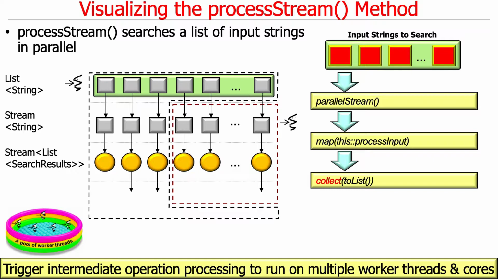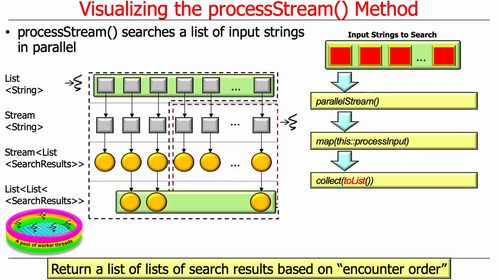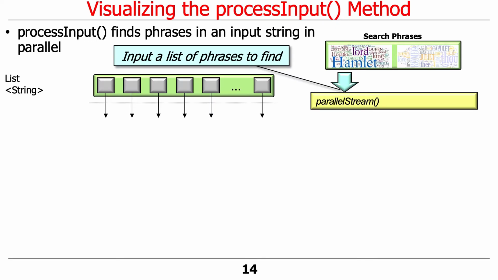That will all run on those different worker threads and cores that are part of the fork join pool. And recall that collect will collect things back in encounter order because it was a list. So we'll end up with a list of search results based on the encounter order. All these things will come back here, and everything will be collected up properly.